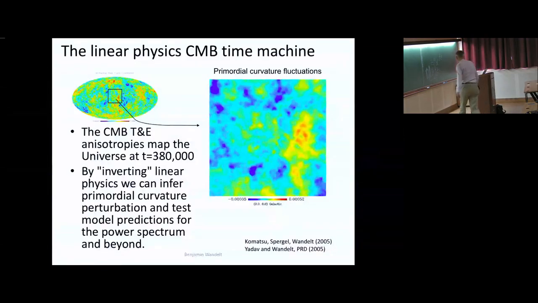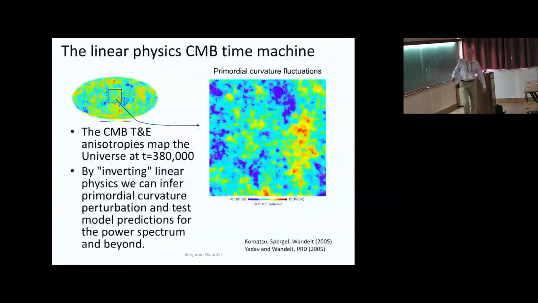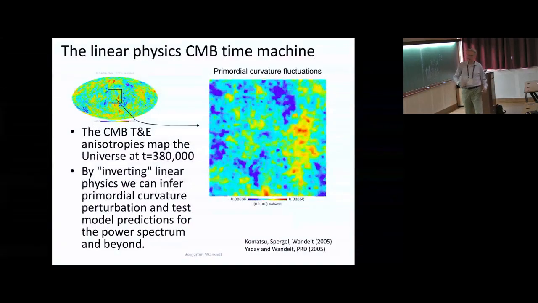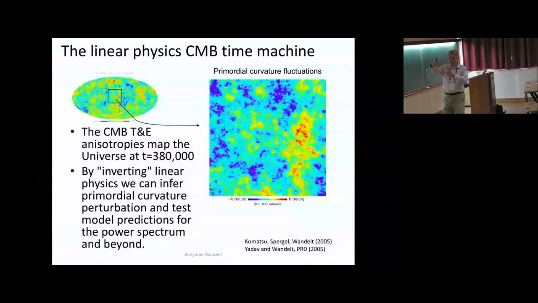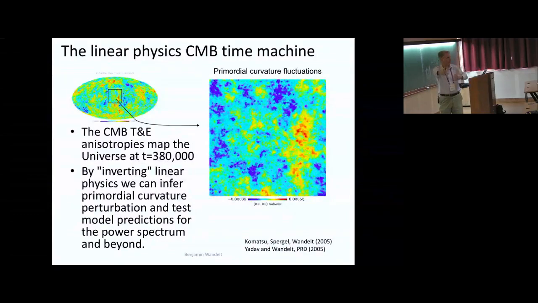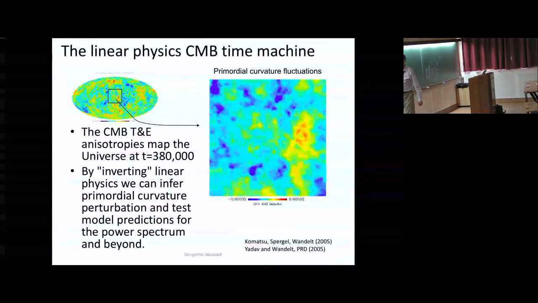The little animation that you saw there was actually the reconstruction for a simulation of many slices. Let me do this again. Start the animation. You see it changes, and that's because, using temperature and polarization, we can reconstruct several of those slices around the time of recombination.